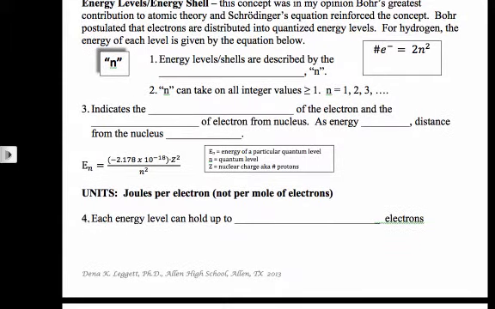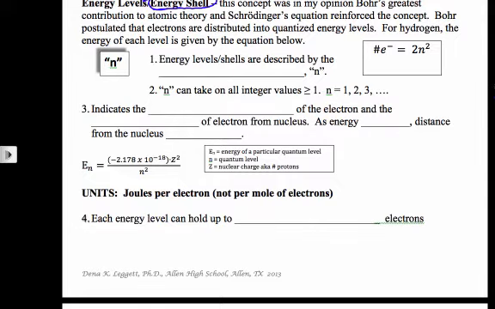All right, let's run through these because there's not much difference in these from what we had in pre-AP chemistry. Our energy levels, sometimes called an energy shell, so you've got to be able to use those terms interchangeably.